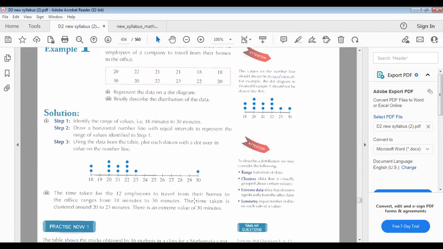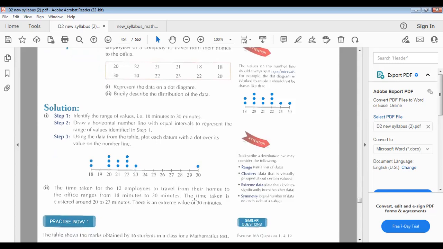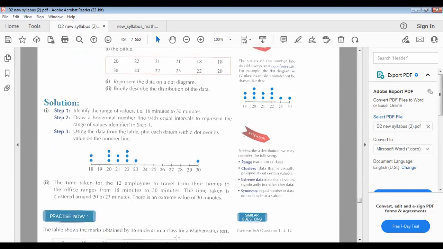Now they are asking us to briefly describe the distribution of the data, meaning how we can describe this data using these terminologies. So the time taken for the 12 employees to travel from their homes to the office ranges from 18 minutes to 30 minutes. So this is the range. The time taken is clustered around 20 to 23 minutes.